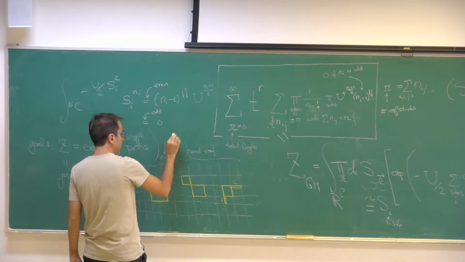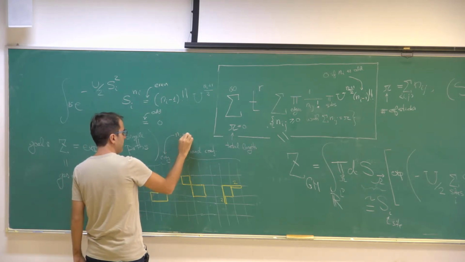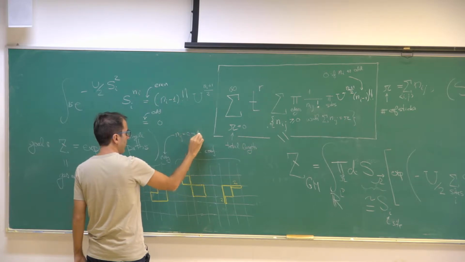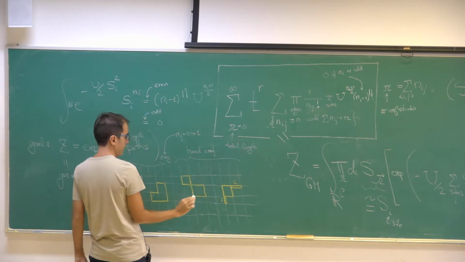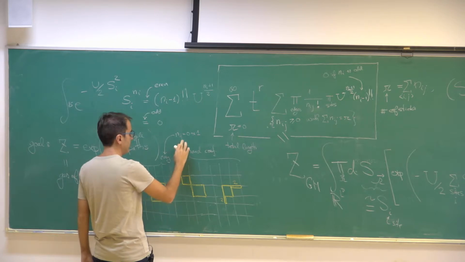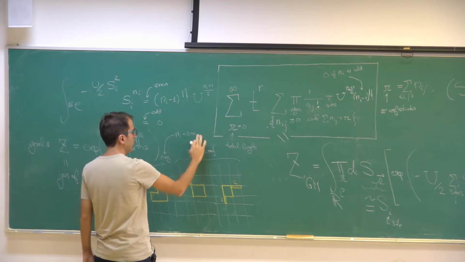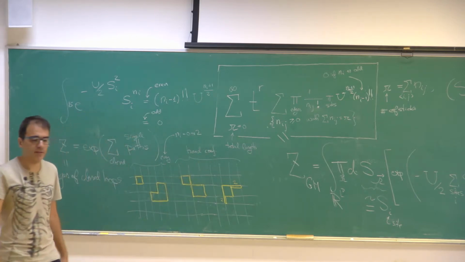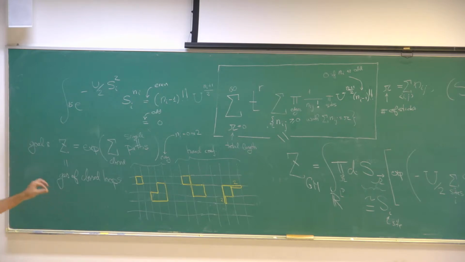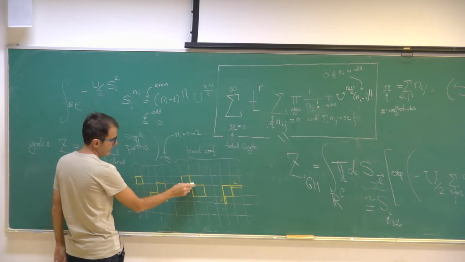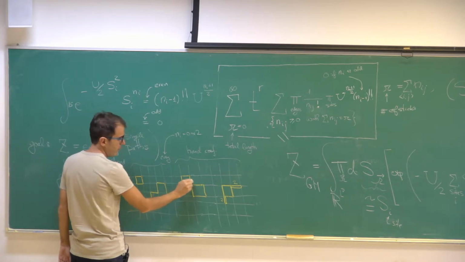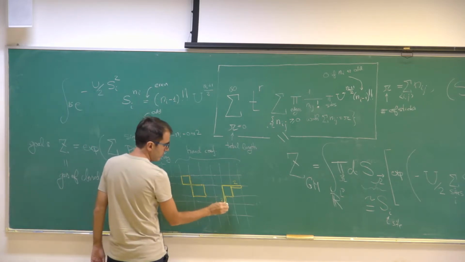So easy just means that Nij is 0 or 1. Sorry, this is also true here. So I want to say that Ni is 0 or 2. Right? At each point there's either 0 lines or 2 lines getting out. This is not true here. Here Ni is equal to 4, right? There are 4 lines. And it's also not true here, for example.